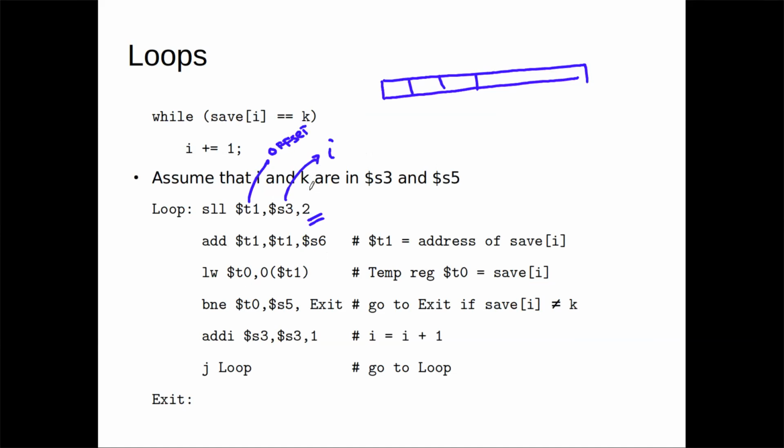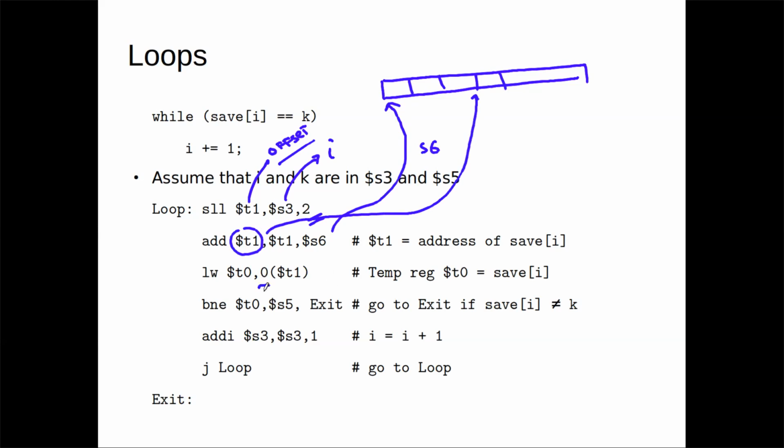And so if S6 is the beginning of the array, I would assume, right? Then after we add the offset to the S6, we'll get the address, right? So the actual element of the array over here, right?